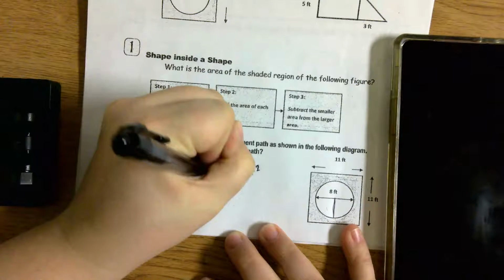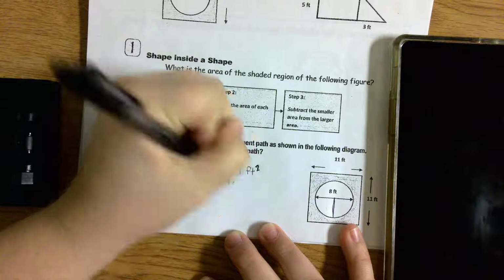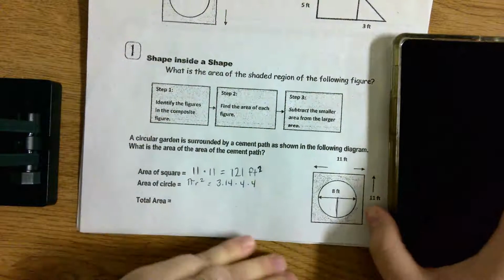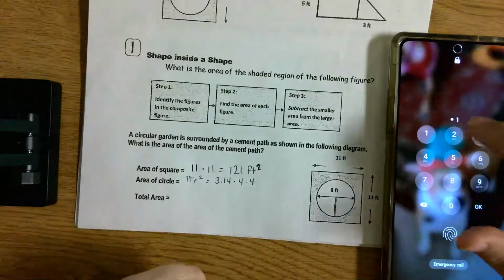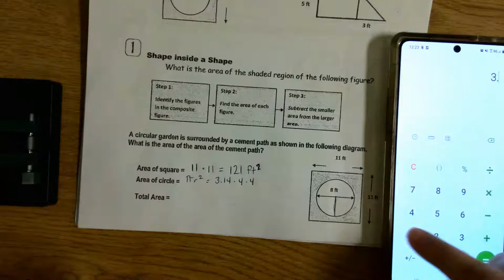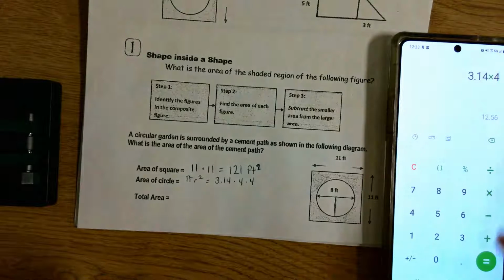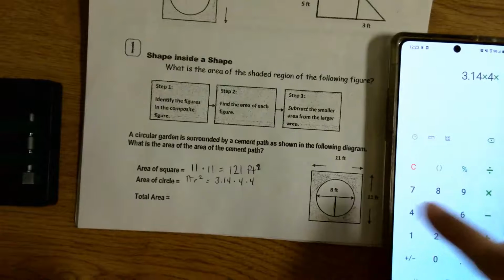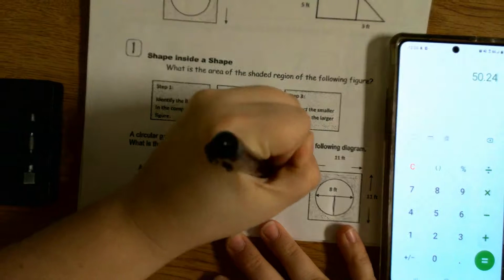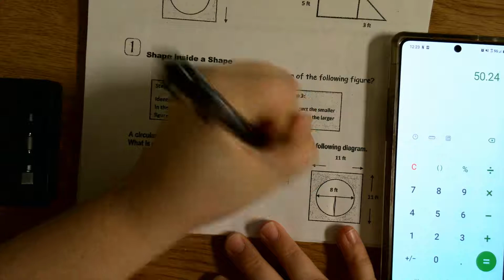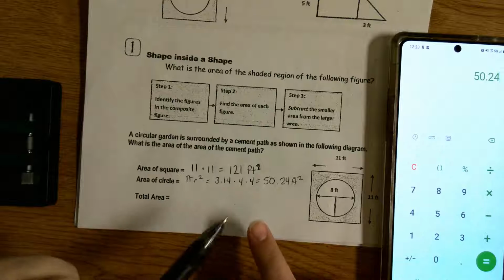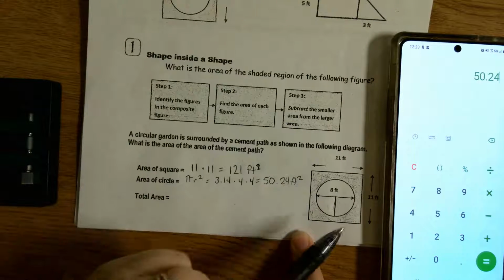So we've got 3.14 times 4 times 4. 4 times 4 is 16. 3.14 times 4 times 4 is going to give me an area of 50.24 square feet.